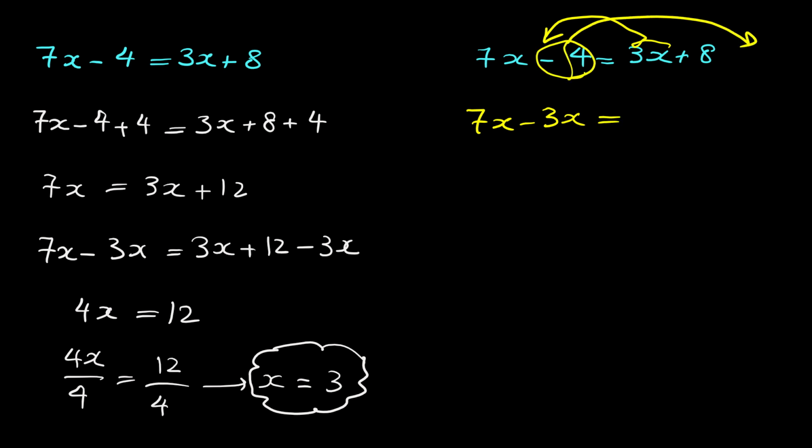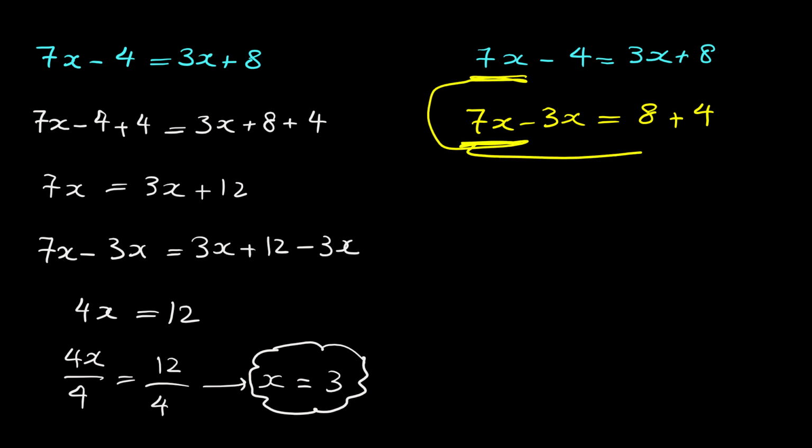So on the right we have 8 plus 4. As you can see, we change the sign of every term that we move. Why is 7x still 7x? Because it was on the left and it is still on the left. 8 is the 8, but negative 4 is 4. 3x is negative 3x because it is moved from one side of the equation to the other side.